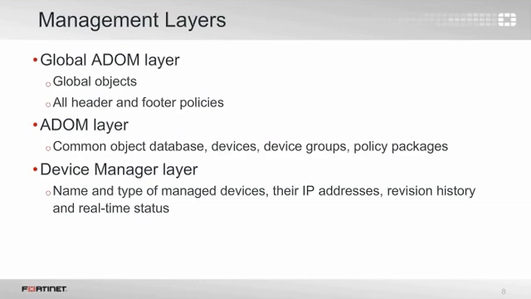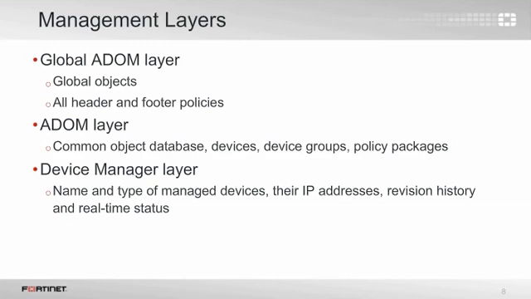An example of where policy packages are used is in a carrier environment, where the carrier allows customer traffic to pass through their network, but does not allow the customer to have access to the carrier's network infrastructure. The ADOM layer is where policy packages are created, managed, and installed on managed devices or device groups. Multiple policy packages can be created here.